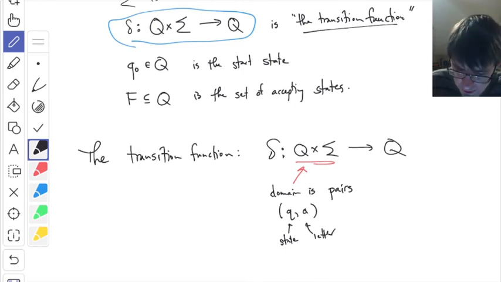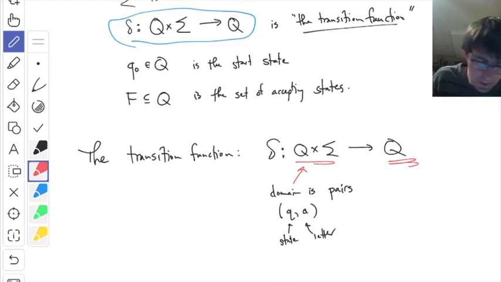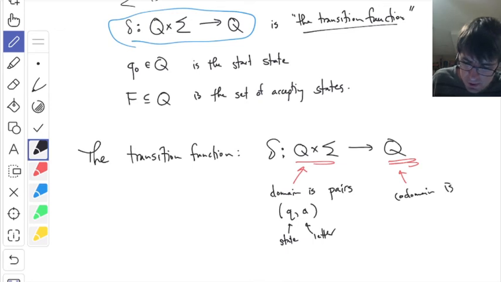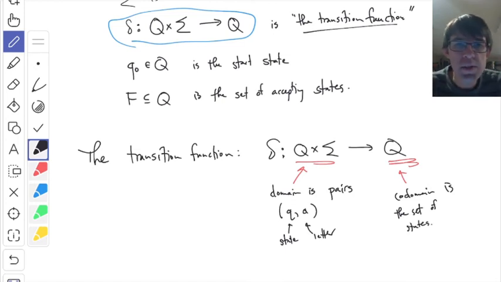And then the answer here, the codomain, this is the set which describes where the answer comes from. The codomain is, you know, just the set of states. So what it says is this is a function whose input is a pair, a state, comma, a letter, and the answer, the output, is another state.